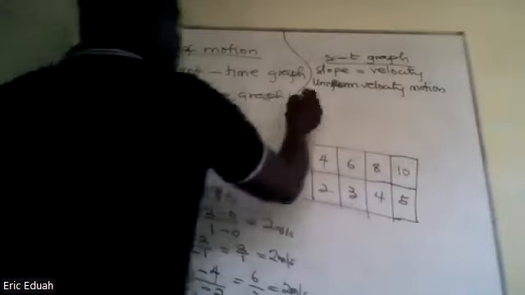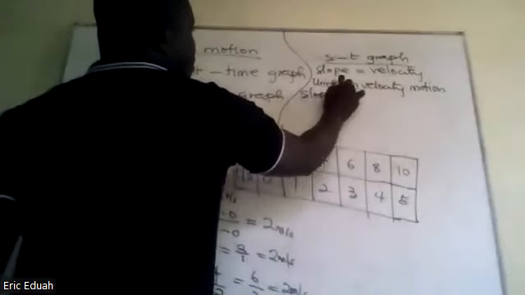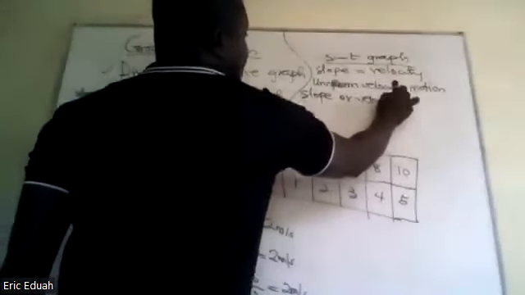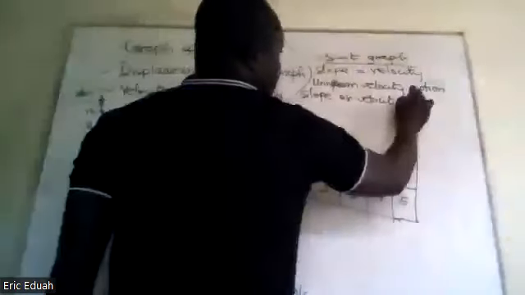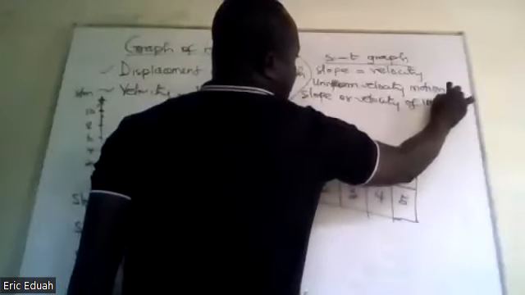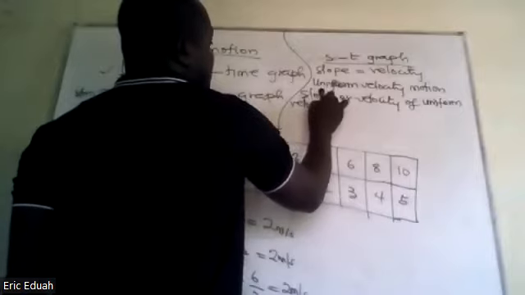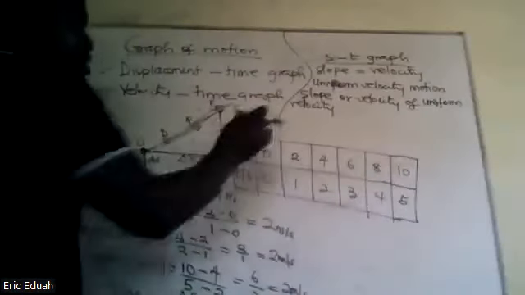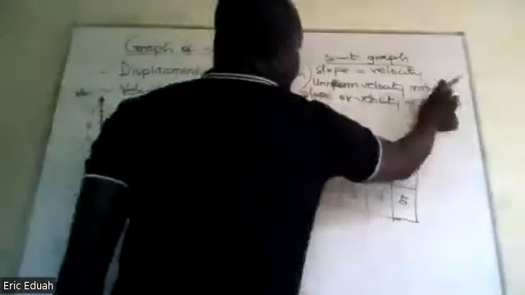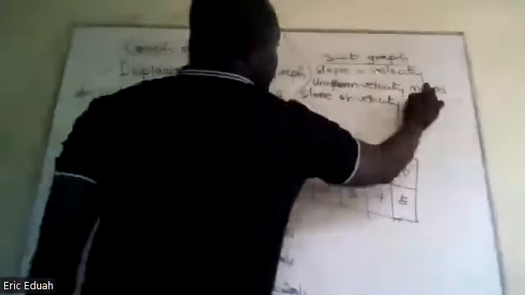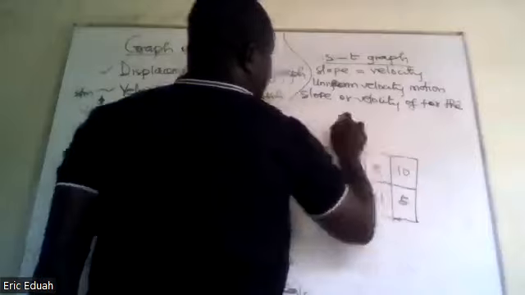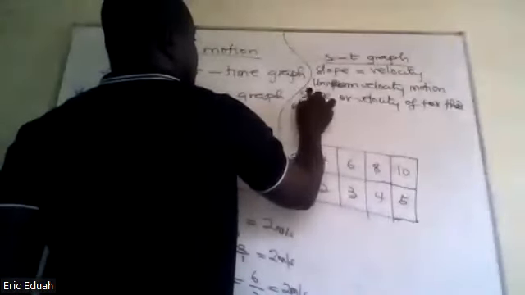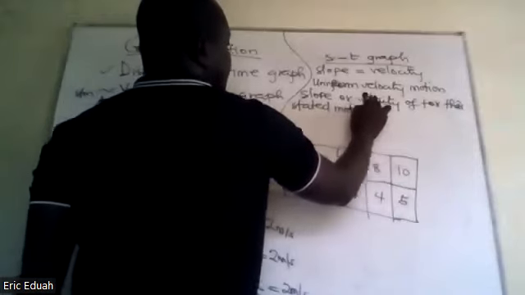Now, this slope is a positive slope. The slope or velocity for this stated motion is positive.